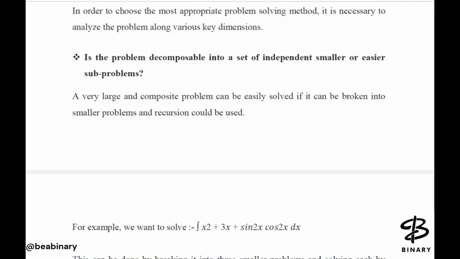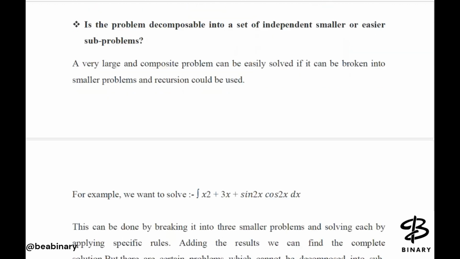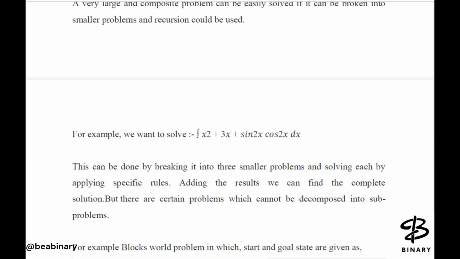A very large and composite problem can be easily solved if it can be broken into smaller problems and recursion can be used. Simply, in a programming language, you make different functions or modules for generating a large program, and after that you connect or call those functions based on recursion.